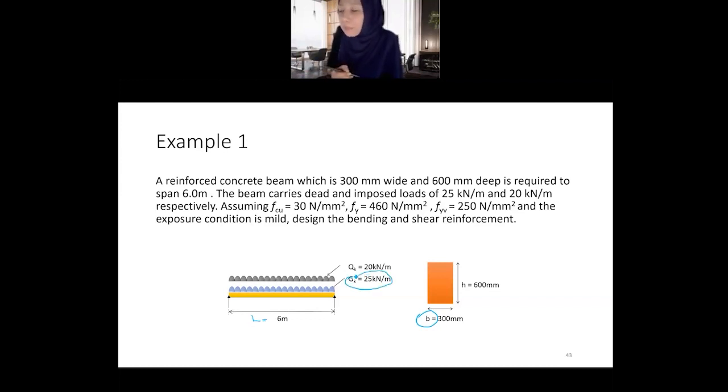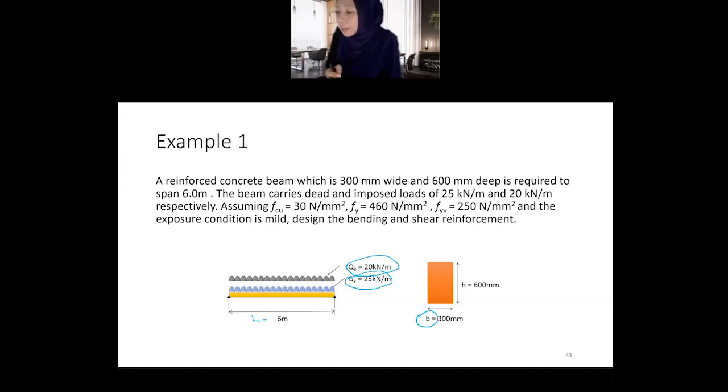Okay. And imposed load 20 kilonewton per meter. Okay. Assuming fcu 30 Newton per mm square. Okay. fcu, concrete strength. Okay. Concrete strength ingat fcu.